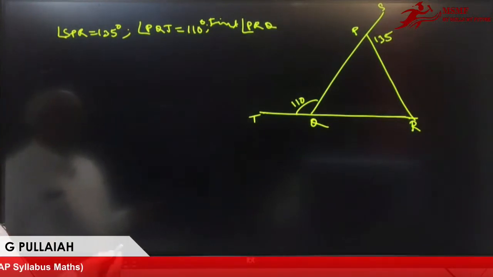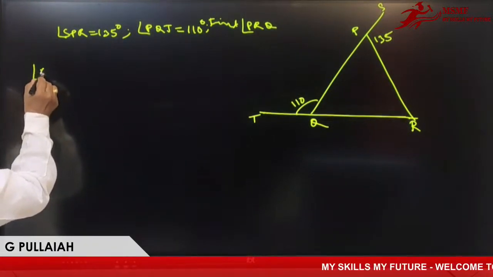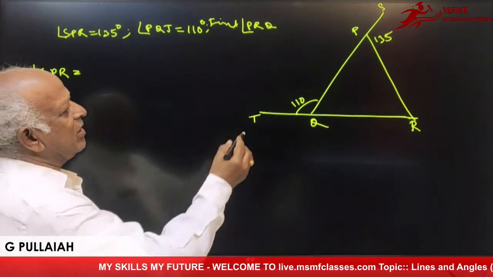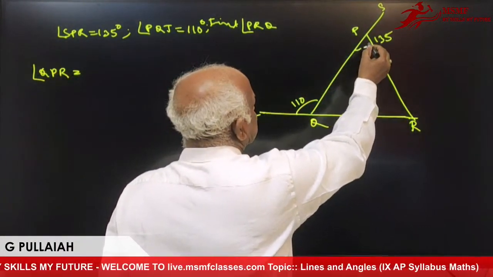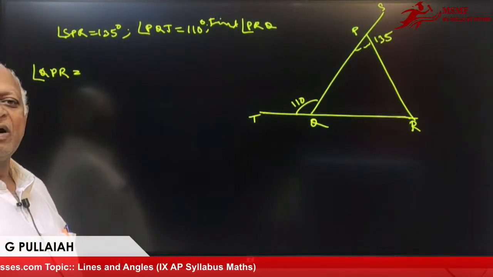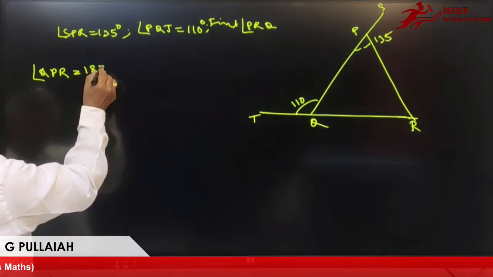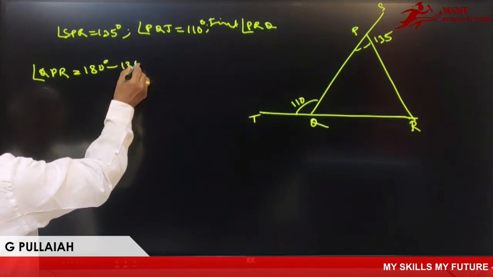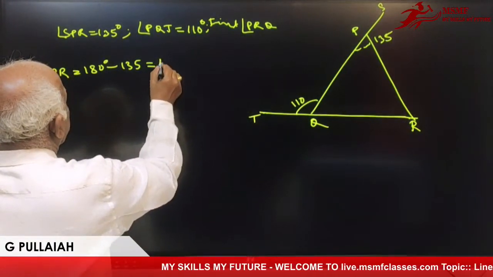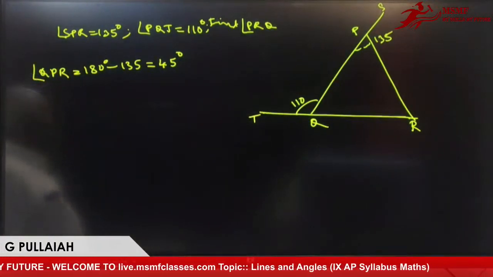Let us say, for example, angle QPR. Can you find QPR or not? QPR is nothing but 180 minus 135, that is 45 degrees.